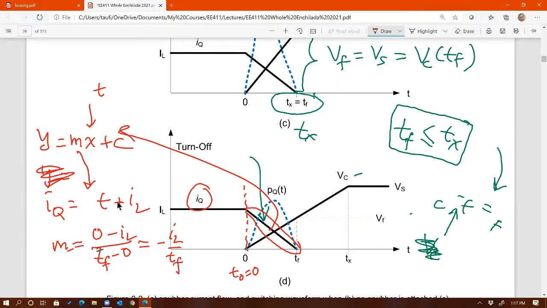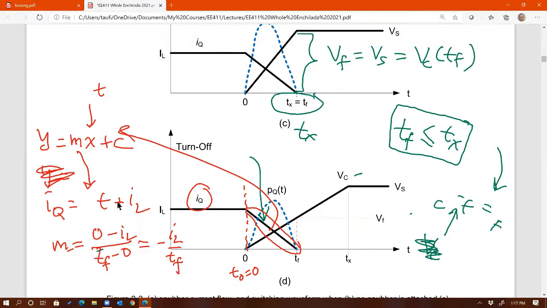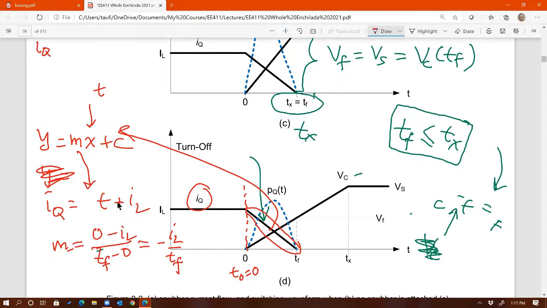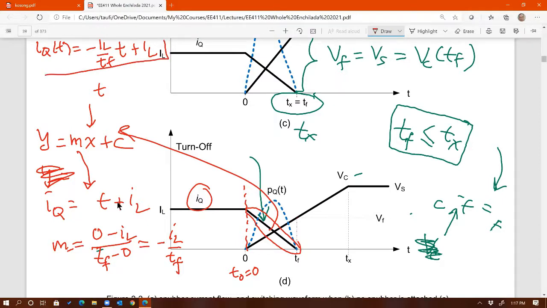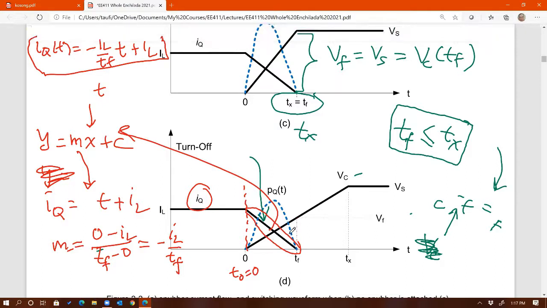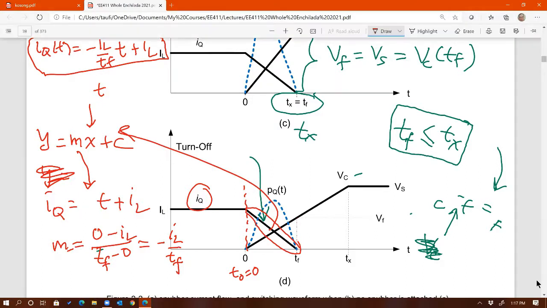So the equation that describes that line, the linear function, should be IQ(t) is equal to m, what is our m again, minus IL over TF times t plus IL. Do you agree with this? Any question on that one? And that should be the equation I have for IQ.